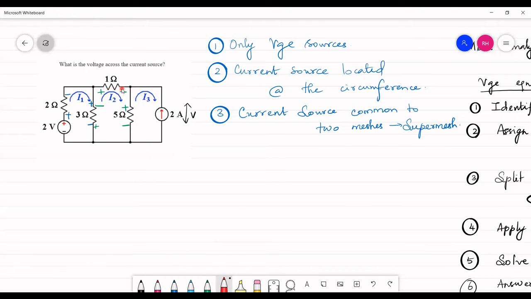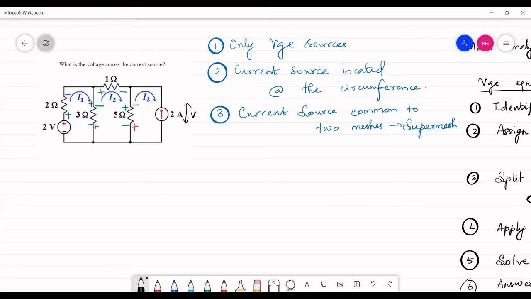Over to the next mesh. Here you have the current source. Current is flowing in this direction, but you have a current source, and you are not supposed to assign polarity to the sources. So you don't assign polarity here. Instead, you go here and put a plus because the current enters this point, and current leaves this element at this point, so put a minus.